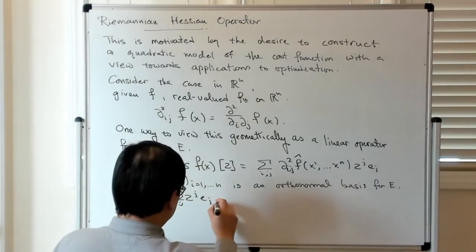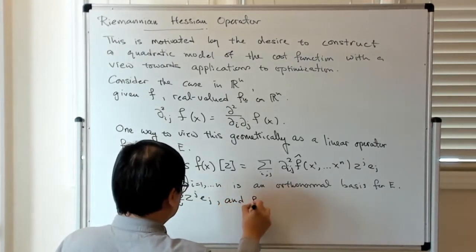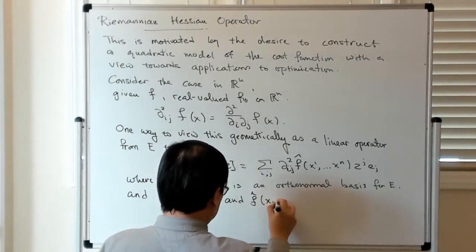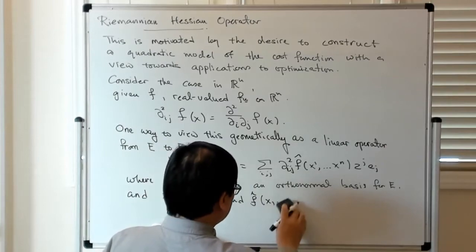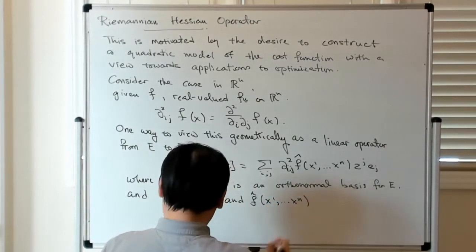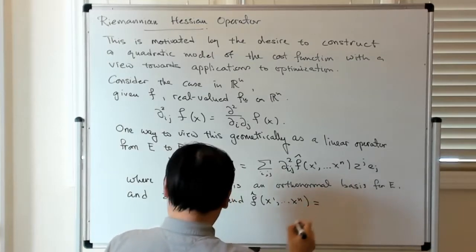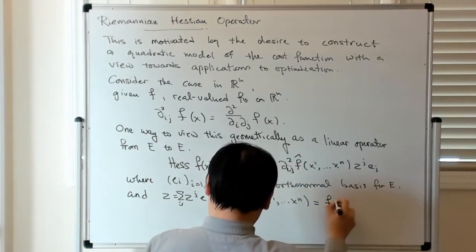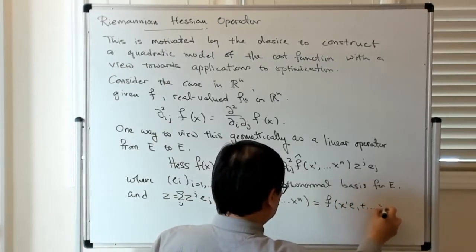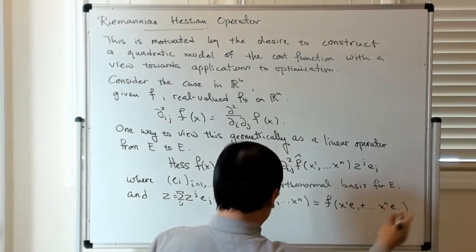And f hat of x1 to xn is just defined to be f evaluated at x1 e1 plus ... plus xn en.